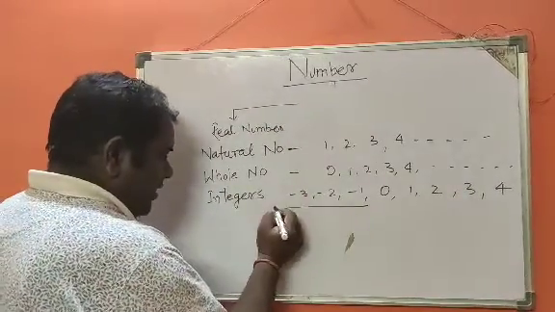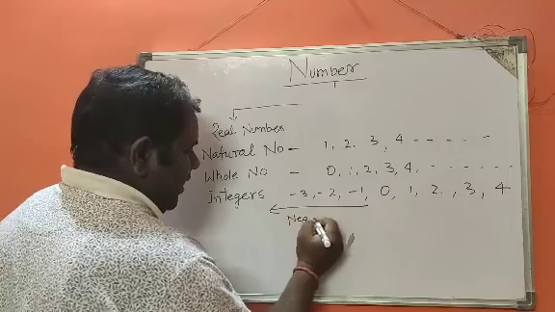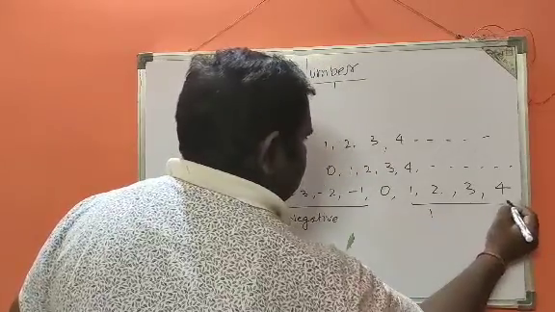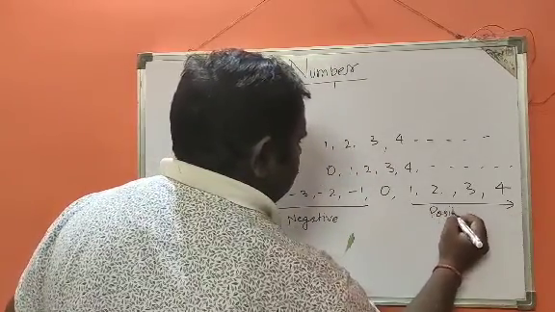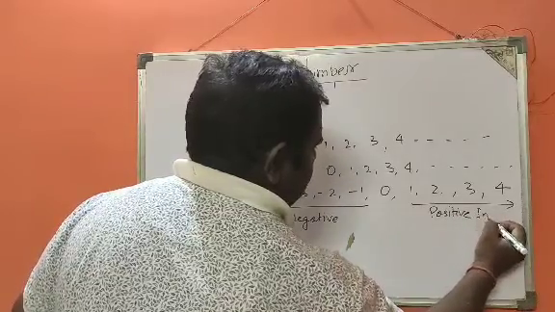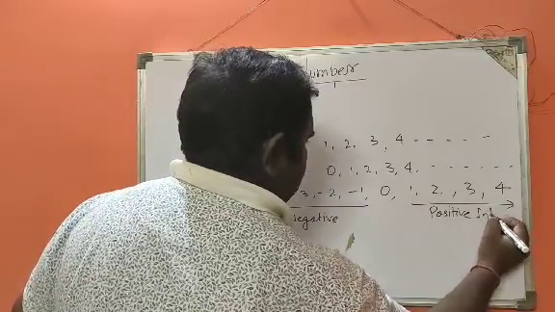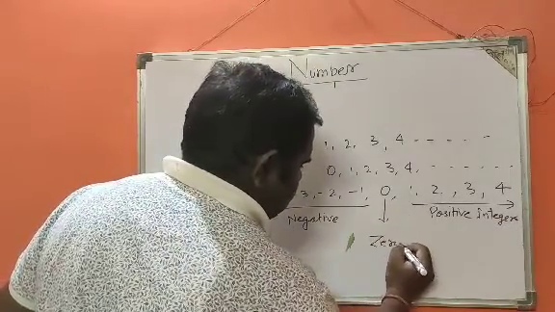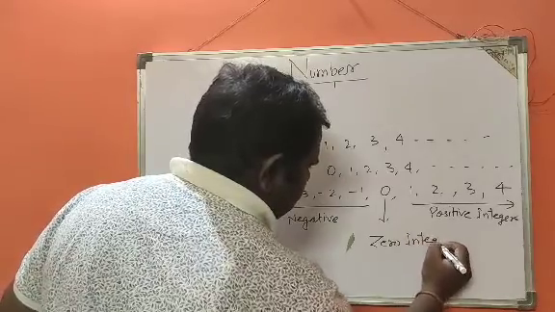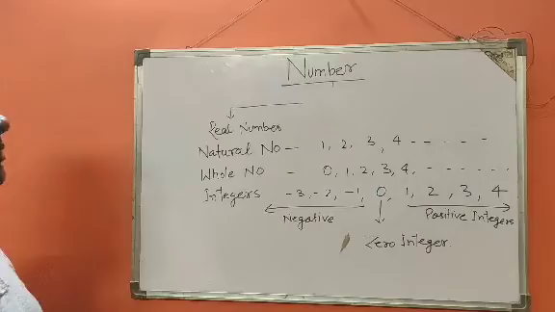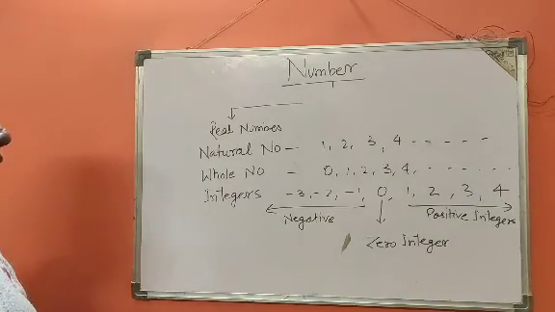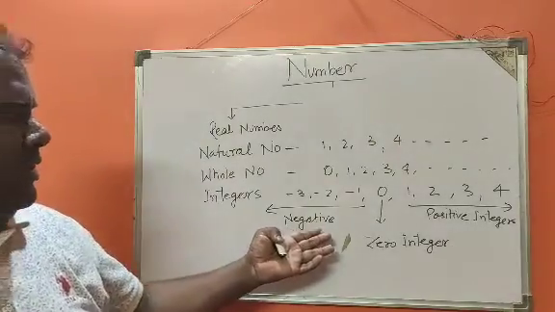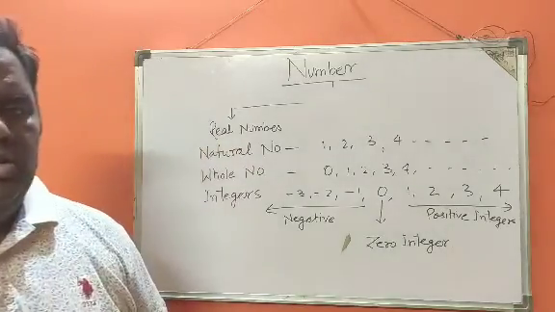If we are moving this side, this is known as negative integers, and if we are moving this side, this is known as positive integers. And this 0 is known as zero integer. Understand? So we can classify integers also in three forms: negative integer, positive integer, and zero integer.